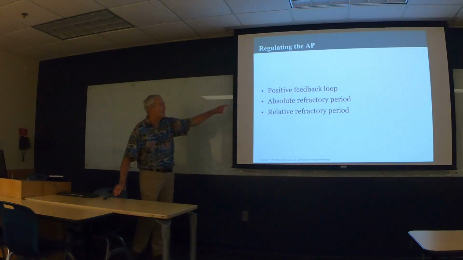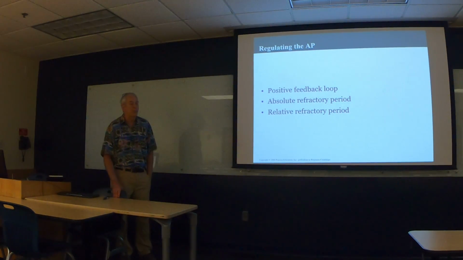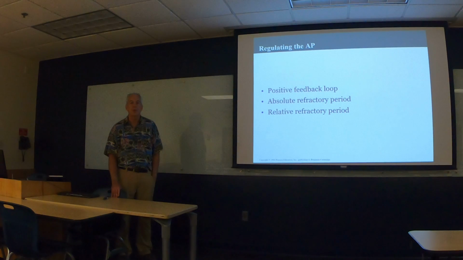There's also a period known as the refractory period, and there are two types, the absolute and the relative refractory period. So the absolute refractory period doesn't allow another stimulus to cause an action potential no matter how large it is.